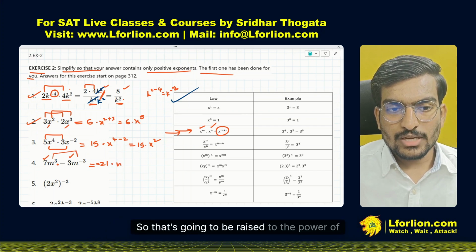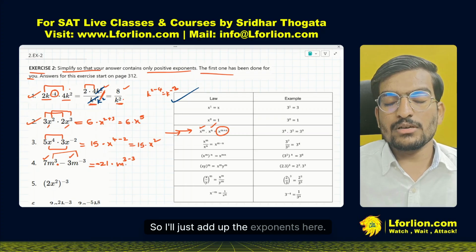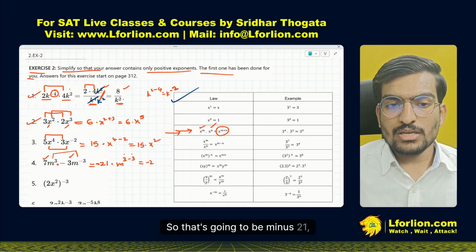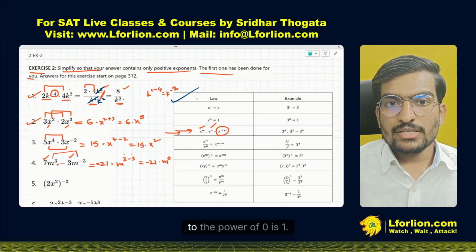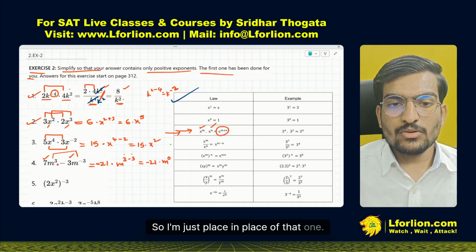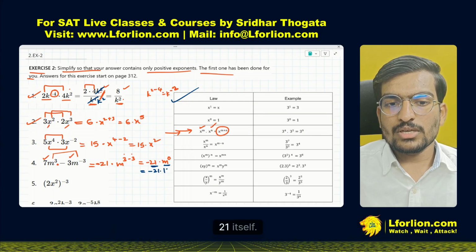It's again the same base, so I'll just add up the exponents here, positive 3, negative 3. So that's going to be negative 21 raised to the power of 0. Anything raised to the power of 0 is 1. So I'm just placing a 1 in place of that. So negative 21 times this 1, you end up with negative 21 itself.